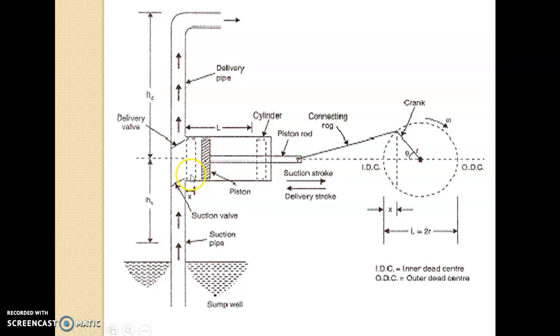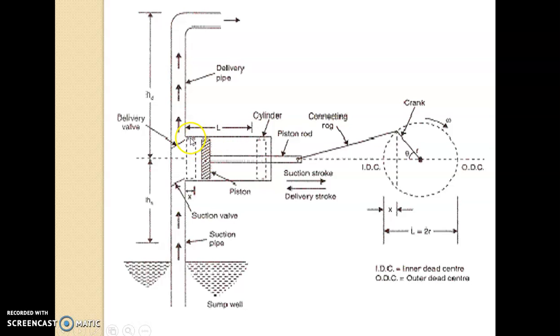Now we can see here that this is the end portion up to which the piston can come, and this is the last portion where the piston rests. So the distance between this and this is called stroke.